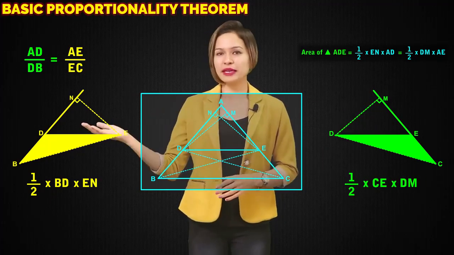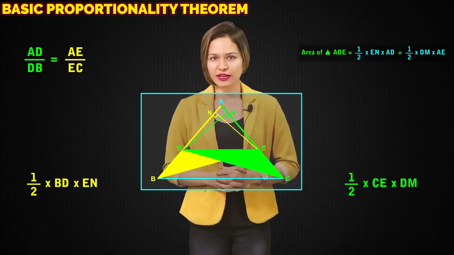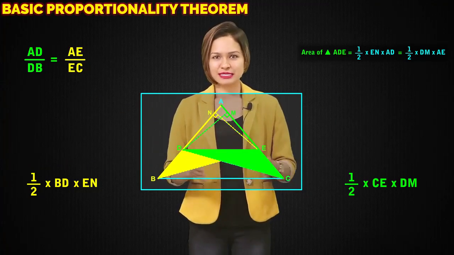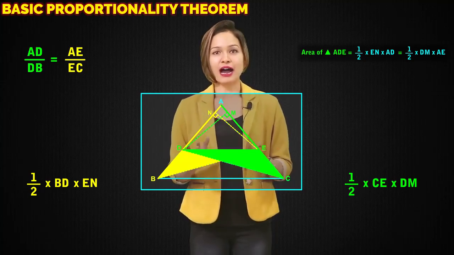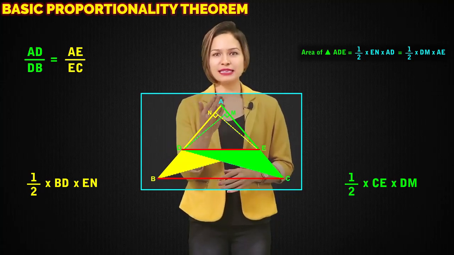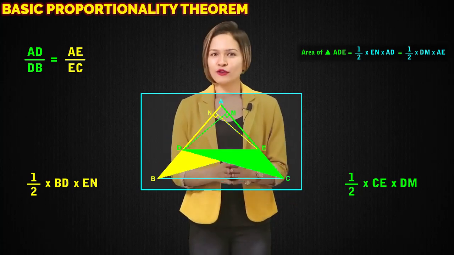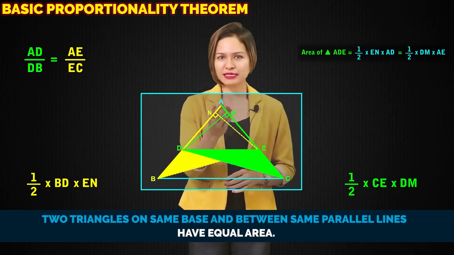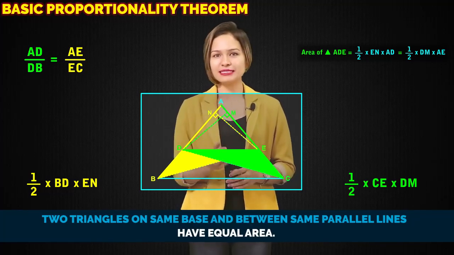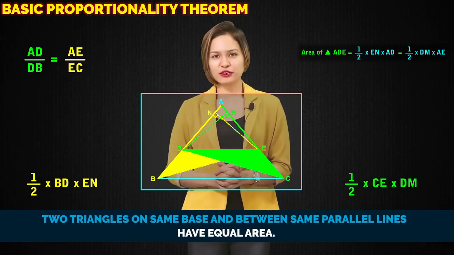Do the triangles BDE and CDE have some relation in terms of area? See, they are on the same base DE and are in between same parallel lines DE and BC. We have already studied earlier that two triangles on same base and between same parallel lines have equal area. So, what did you conclude from it?